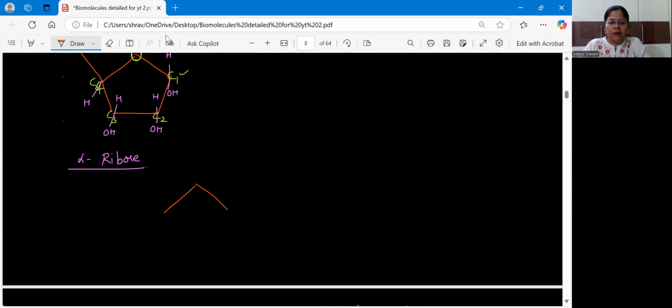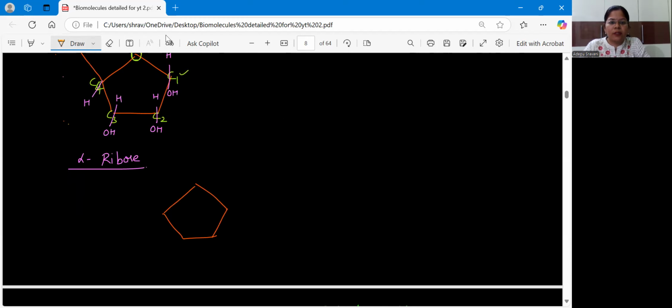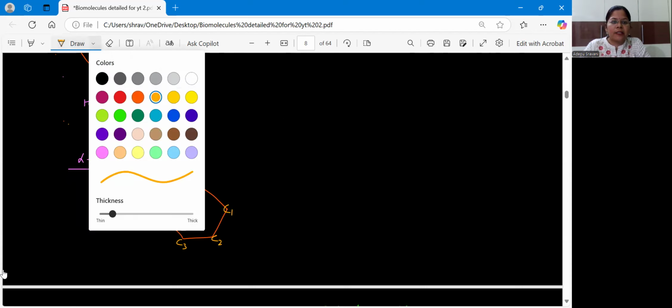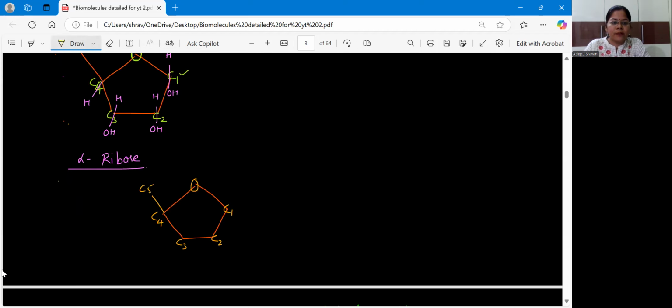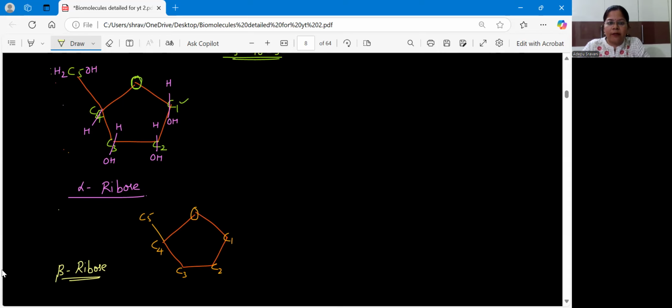Again, draw a pentagon, same. Then start with oxygen here, C1, C2, C3, C4, and the 5th carbon outside the ring. Now I'm drawing the beta ribose. In alpha, if you see, we have H above and OH down at C1.